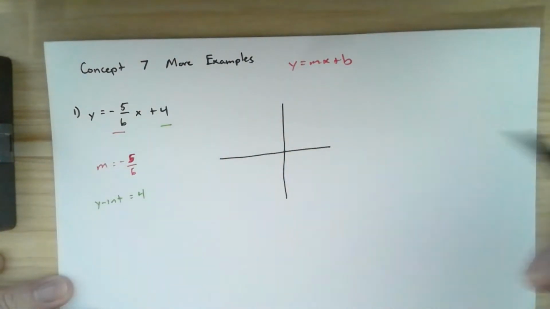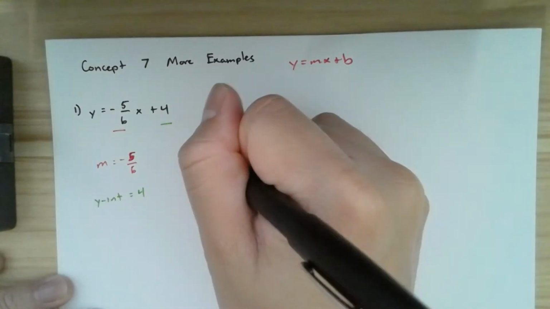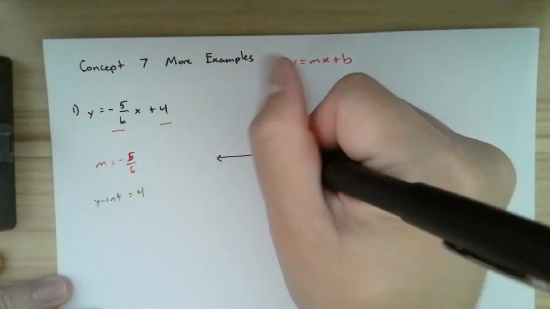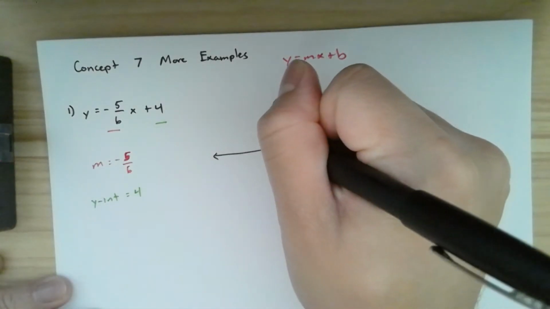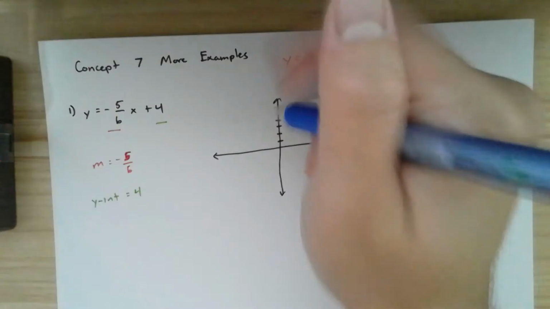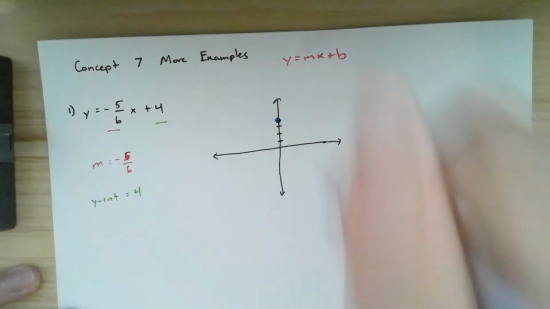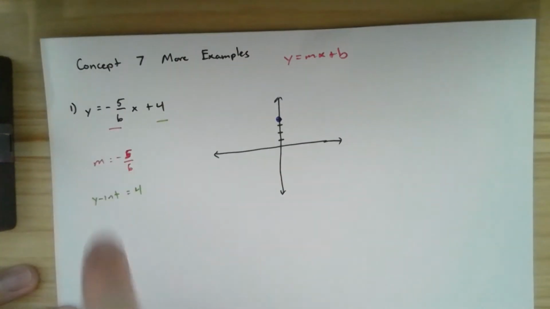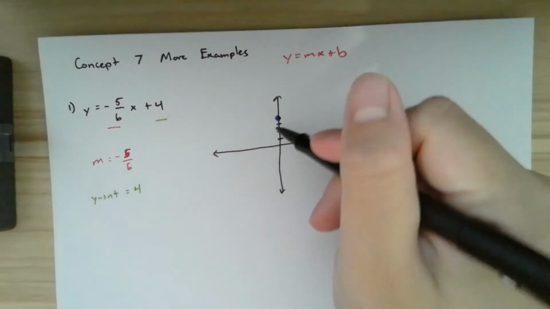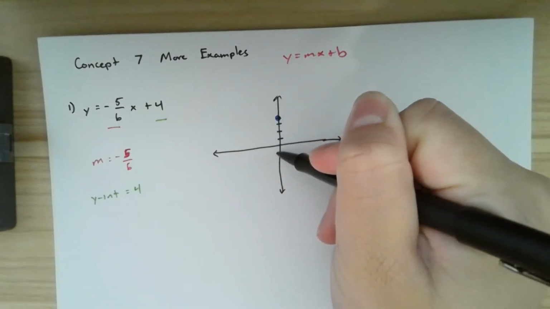So remember, the first thing you want to do is plot the y-intercept first. So it's +4, so 1, 2, 3, 4. I'm going to plot a point there. And then my slope is -5/6. So remember, it's rise over run. So I'm going to go down 5: 1, 2, 3, 4, 5.